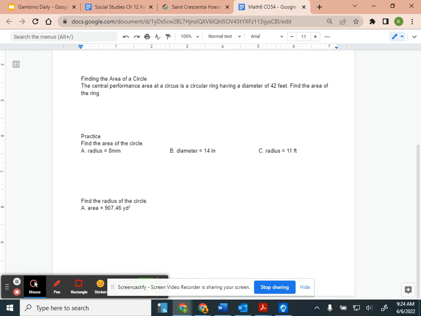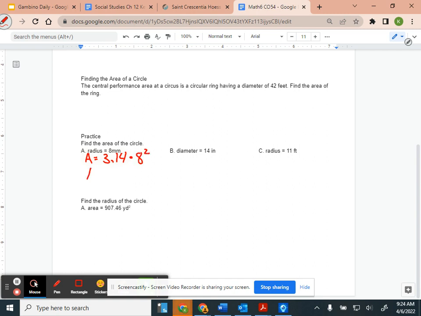All right, let's do some more practice. Find the area of the circle. Our radius is 8 millimeters. What equation am I going to write, Lily? Area equals 3.14 times 8 squared.